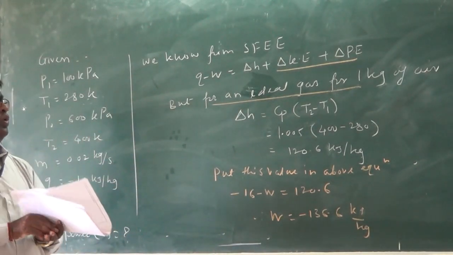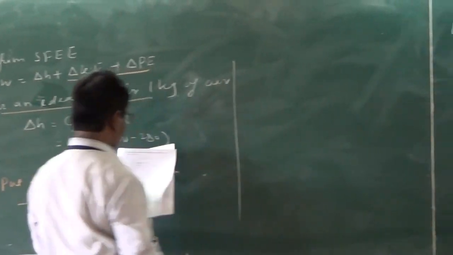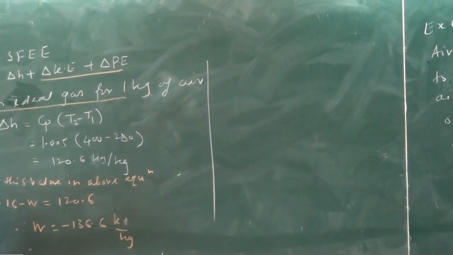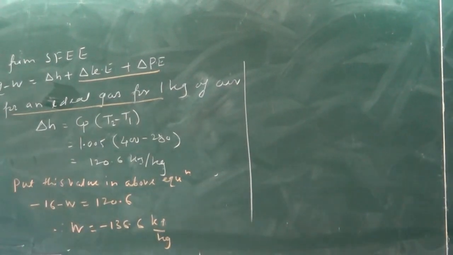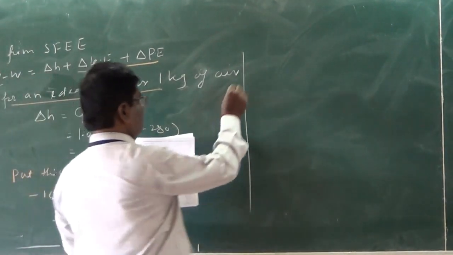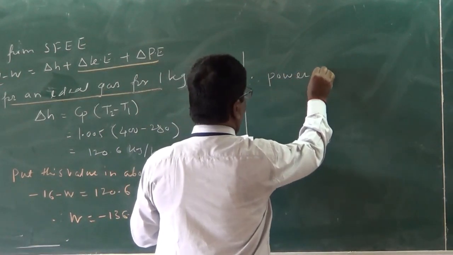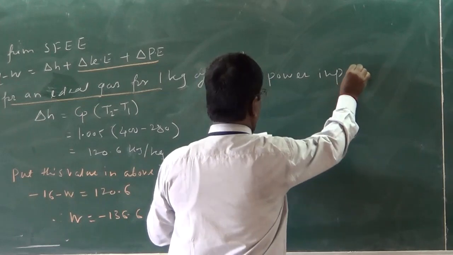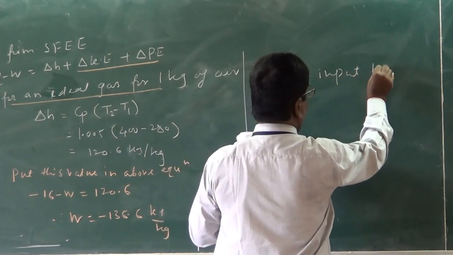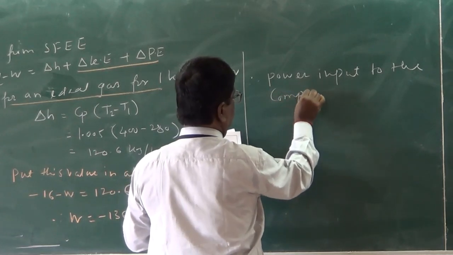Now power is the mass flow rate multiplied by the work per kg, which gives us the power input to the compressor.